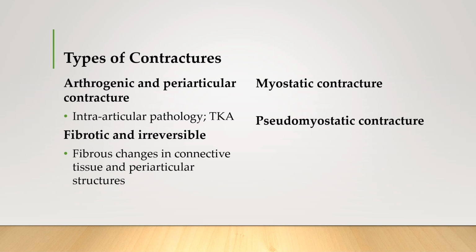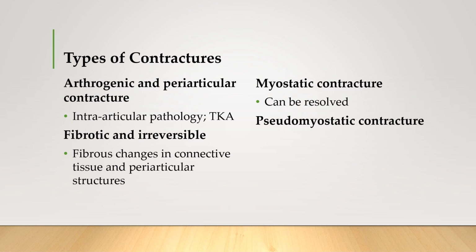So again, if we go back to our arthrogenic and periarticular contracture, maybe that decreased range of motion started out as something that we could reverse, but 2-3 years down the road, those fibrous changes have really impacted our patient's ability to gain new range of motion. So with fibrotic and irreversible, it's going to be really, really difficult to make significant improvements and change their decreased range of motion.